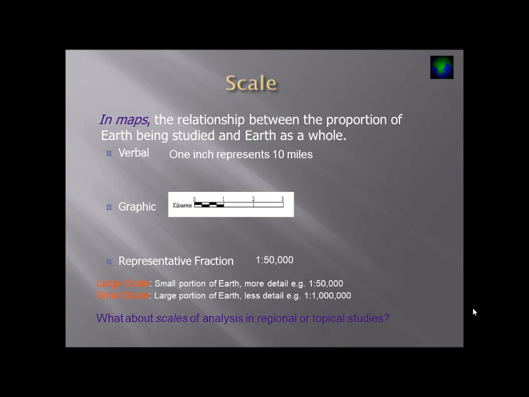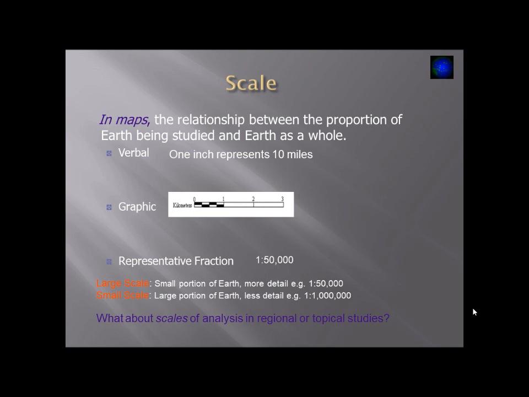Or you could measure 1 centimeter, and that would be 50,000 centimeters in the world. Two notions about scale. Large scale represents a small portion of the Earth's surface, provides more detail. Small scale is a large portion of the Earth's surface, less detail. So if you're looking at a world map, you're not getting the detail that you might need.